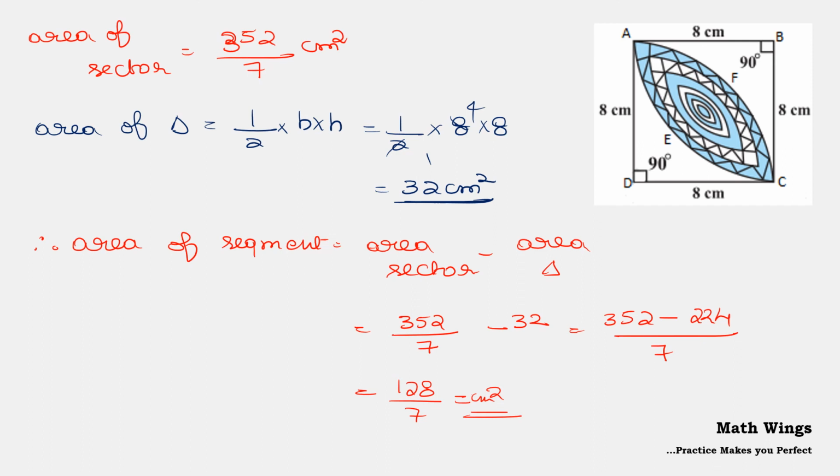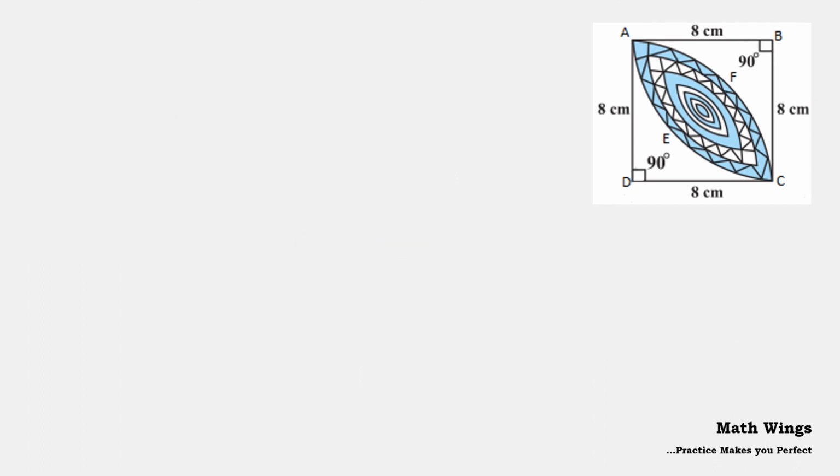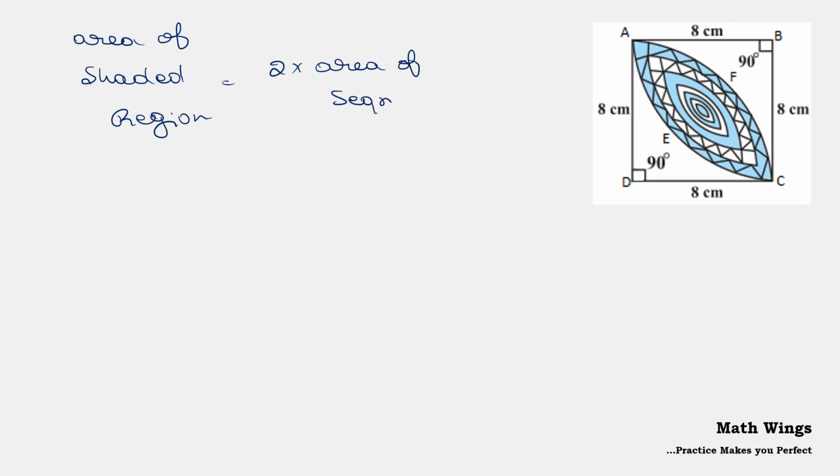So now observe, what is the area of the shaded region I said earlier? The area of the shaded region is equal to 2 times the area of the segment, correct? So what did I get here? 2 into, the area of the segment we got, 128 by 7.